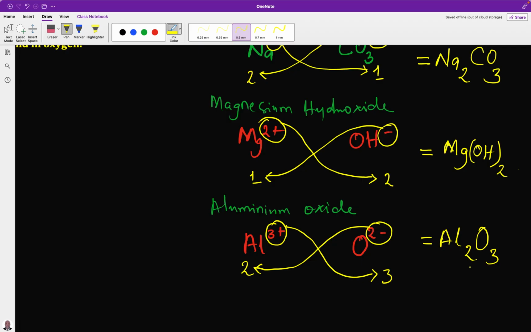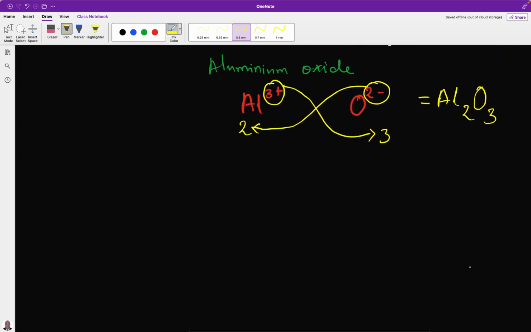Method number 2 in the same process. Method number 2, you can use how to balance the charges. Again, we go now to sodium carbonate. Let's go back to sodium carbonate.